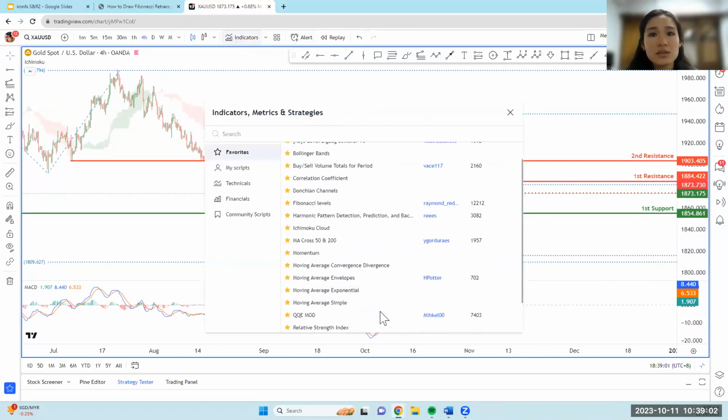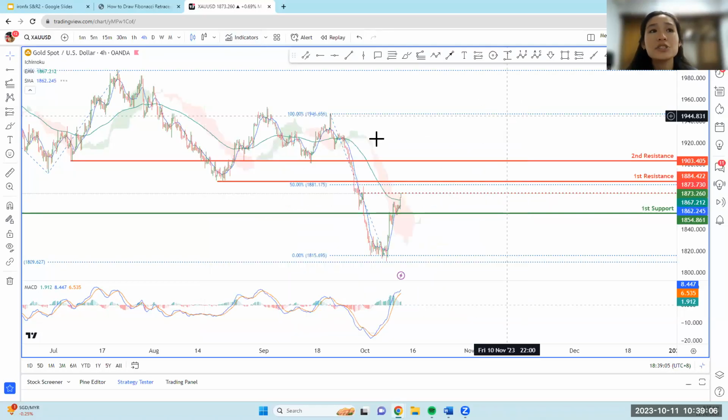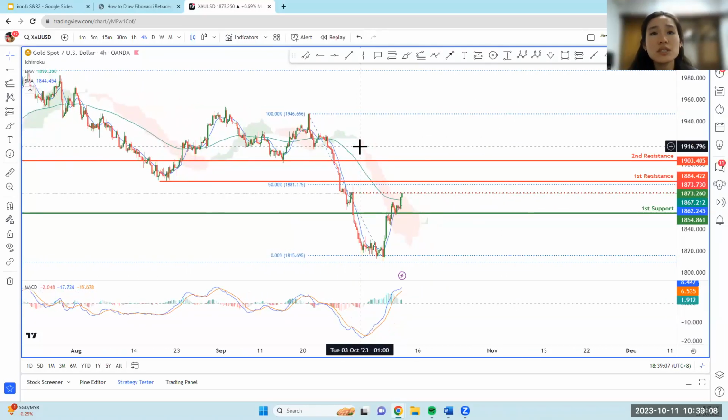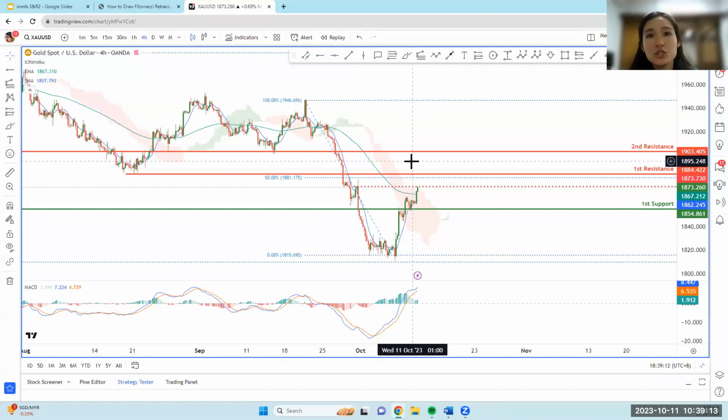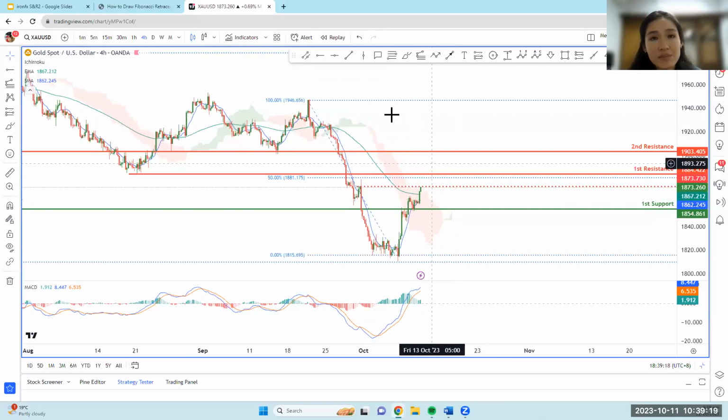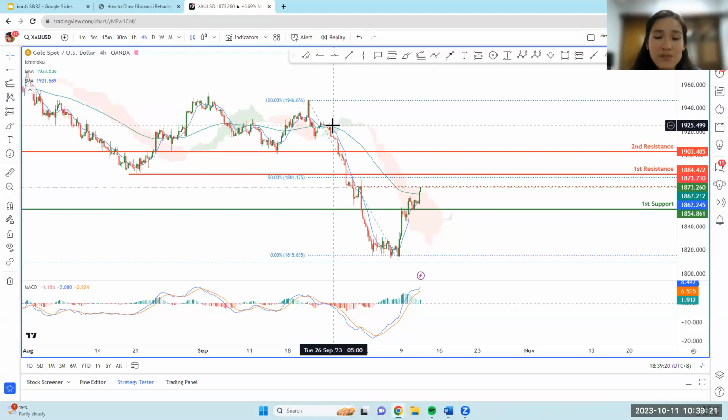Now let me pull out my, oh yeah, exponential and simple moving averages. So I like to use these two because not only can I check each indicator at the same time, but also I can see that when there is a crossover that typically suggests that the trend is reversing or that the trend is changing.